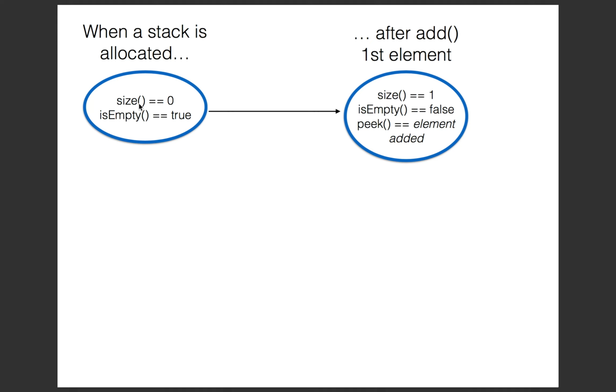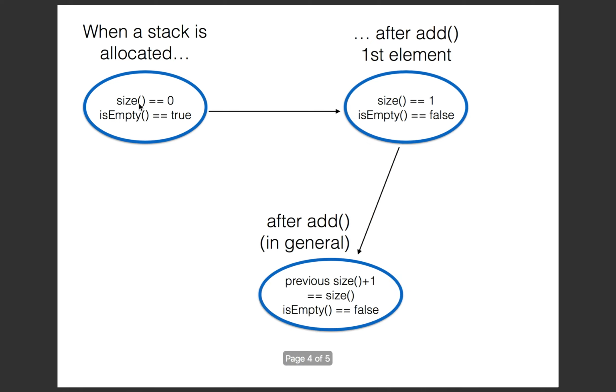Now you can write testing after adding one element that will assert these three things. If you add one more element, you will see that the previous size, before you add the other element, plus 1 should be equal to the current size. And isEmpty should be false.